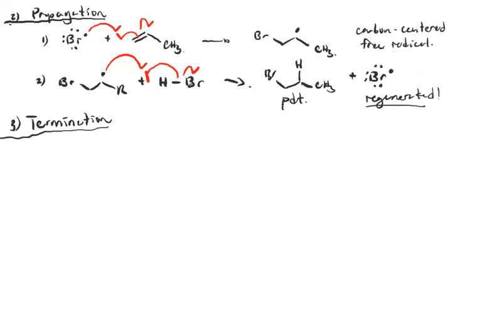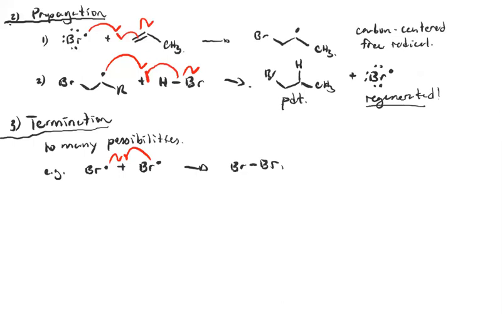And so one example, so many possibilities. One example is to have two bromide radicals come together to make bromine. Another example would be to have your alkyl radical react with Br dot to make a dibromide.